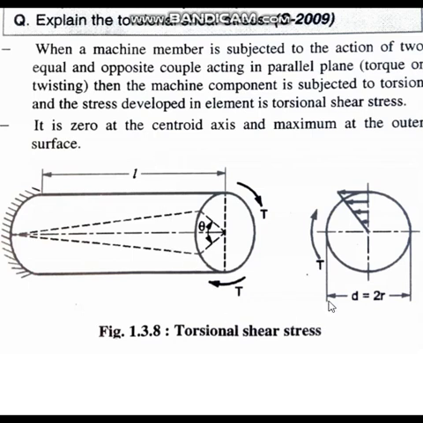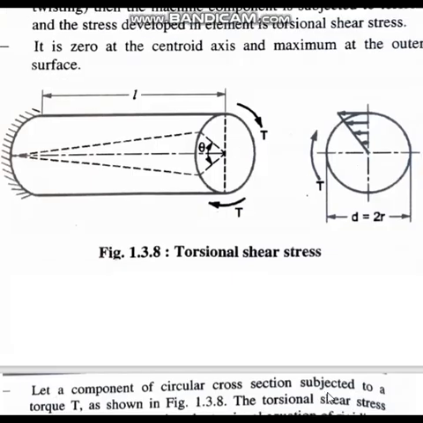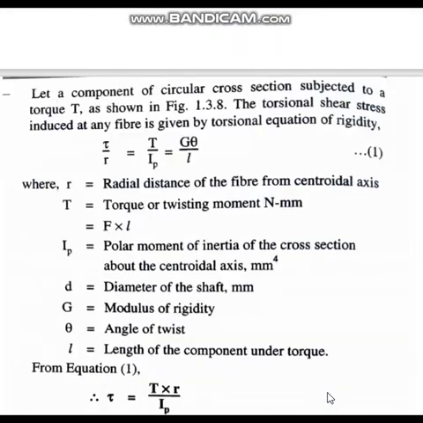As is obvious, it is pictorially represented in the side view like this. If this is the diameter of this circular cylindrical rod and you plot the shear stress, it will be zero at the center, and as you move out towards the circumference, the torsional shear stress increases.